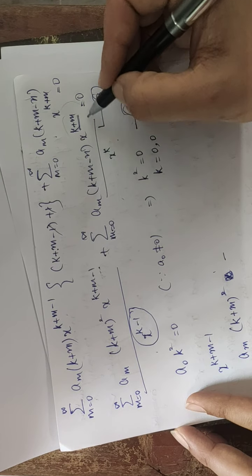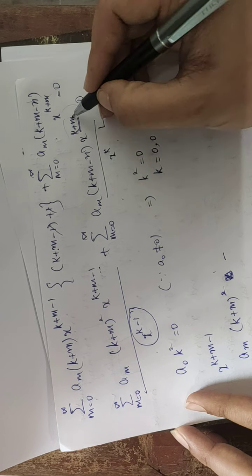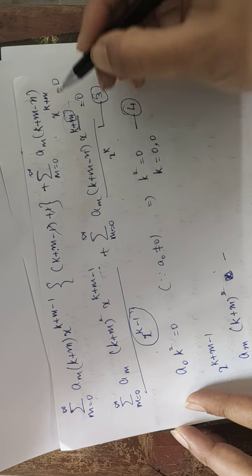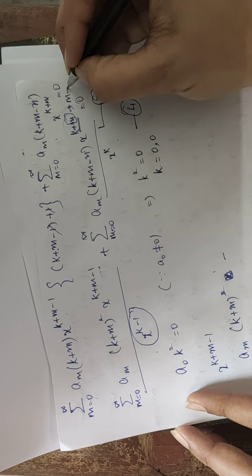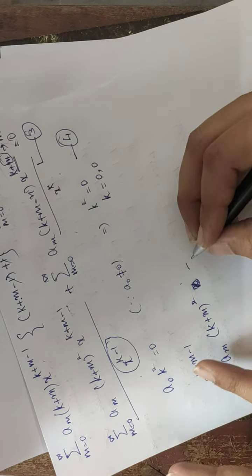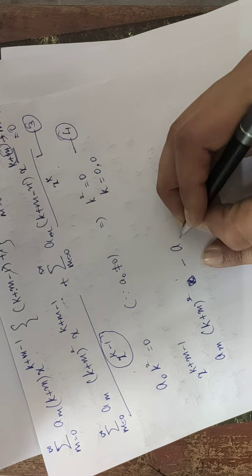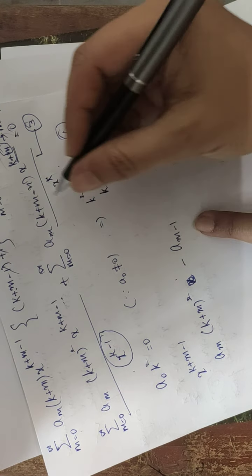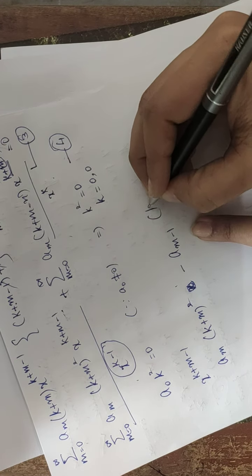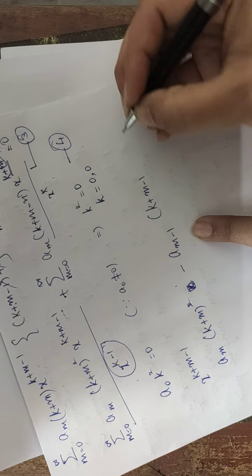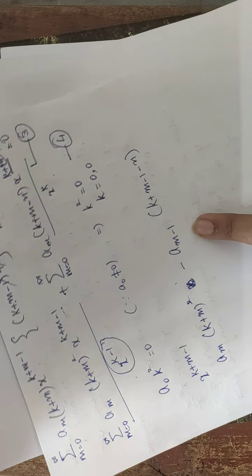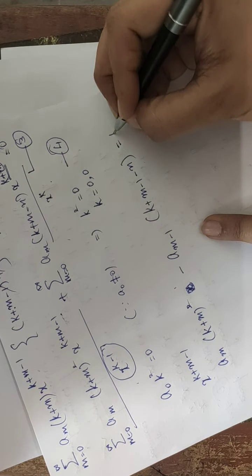If I want to make this as x^(k+m-1), then my m should be replaced by m-1. So m is replaced by m-1 means here a_m becomes a_(m-1), and this is nothing but (k+m-1-n). This is equal to 0.